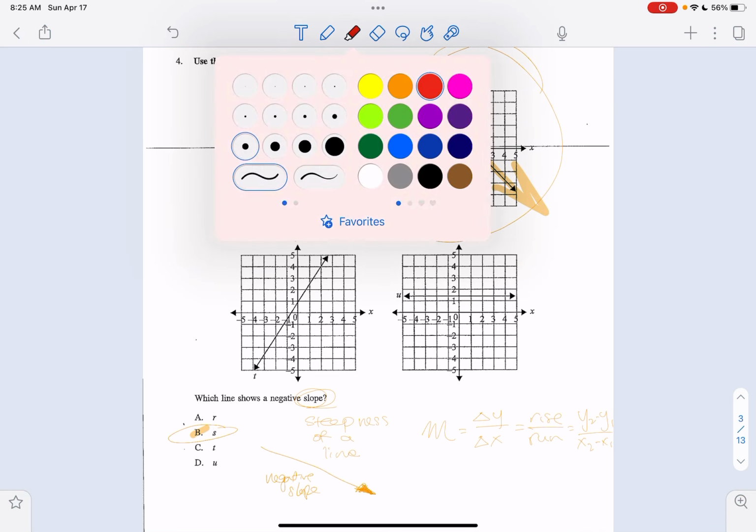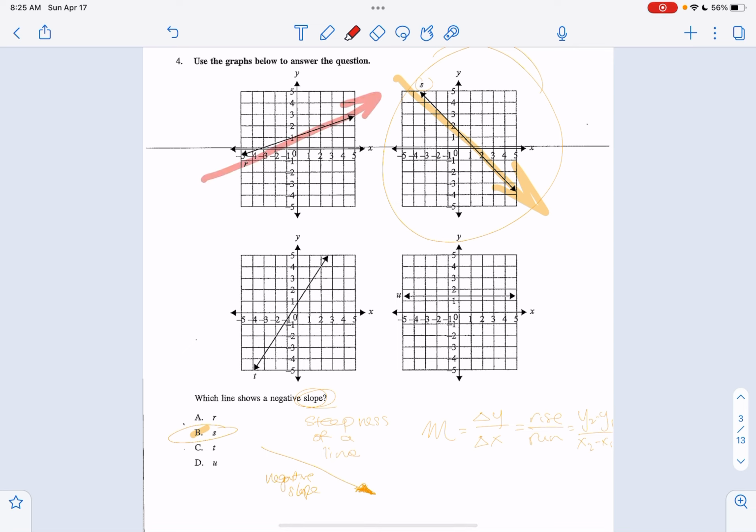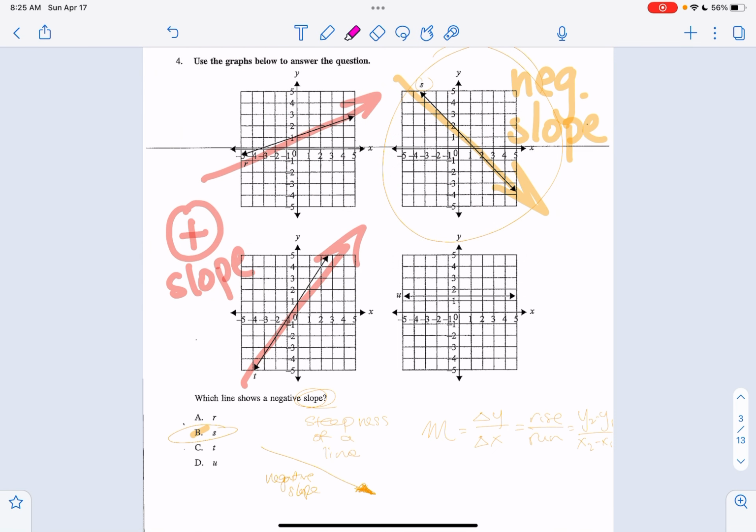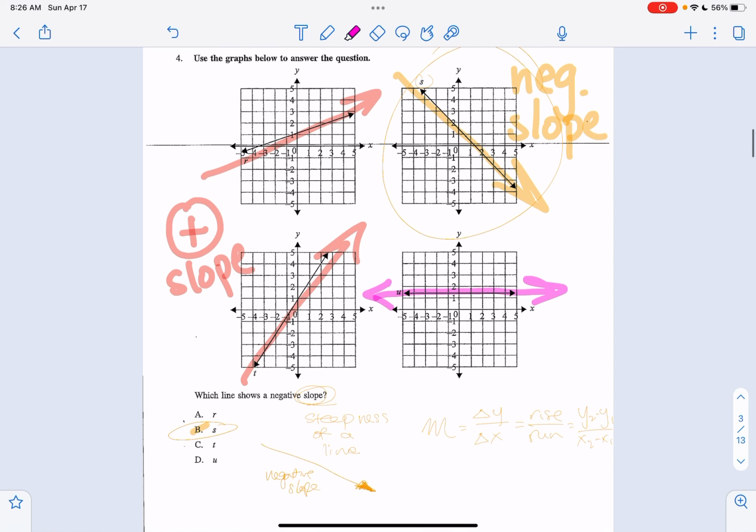Whereas for these, they rise, so this is a positive slope. This is a negative slope. And the special case is the last one, line U. If it's a flat line, this is a 0 slope.